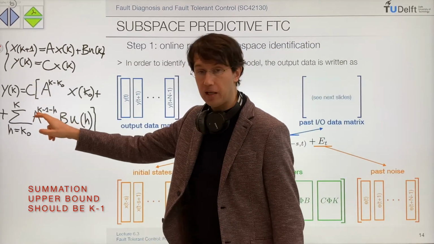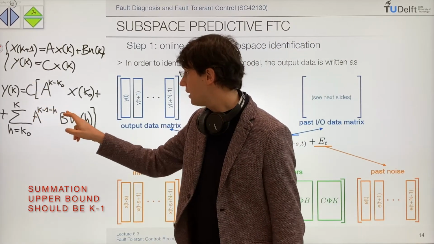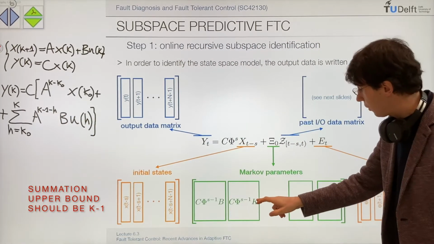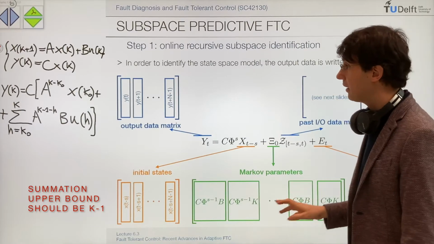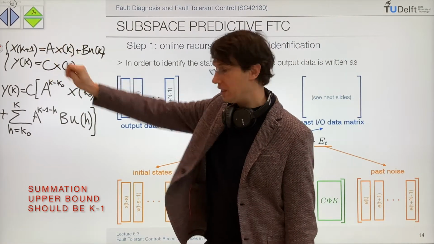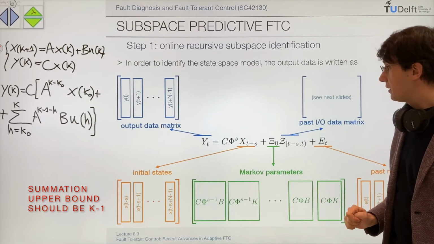C that multiplies A at some power that multiplies B. Here it is slightly different because we also have terms multiplying k. But if you stick to this simpler form, then this is completely equivalent.